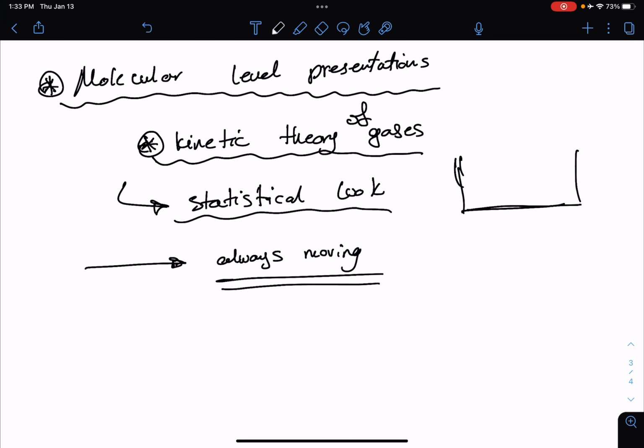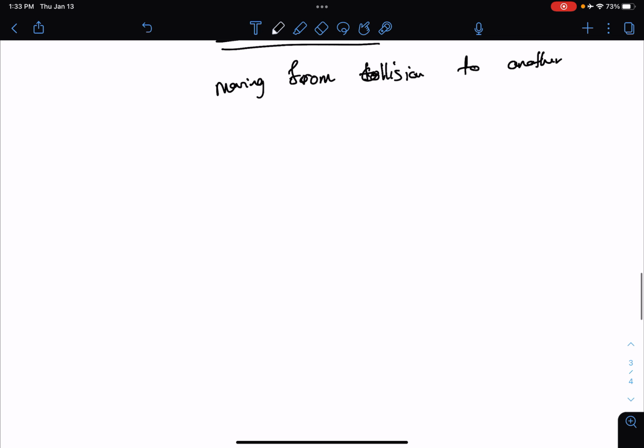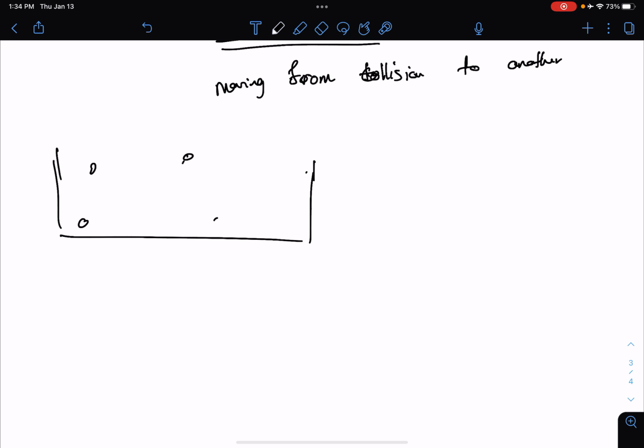And they spend most of their time essentially moving from one collision to another. So let's say this is a pool of gas, and there are molecules present here.